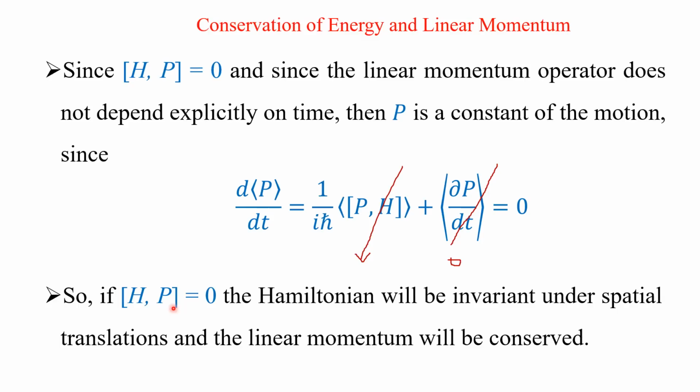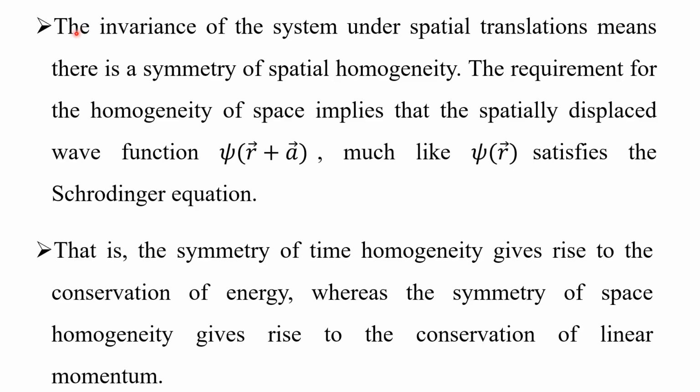So if H and P commute, the Hamiltonian will be invariant under spatial translation, and the linear momentum, that is P, will be conserved. This is another important point. The invariance of the system under spatial translation means there is a symmetry of spatial homogeneity.